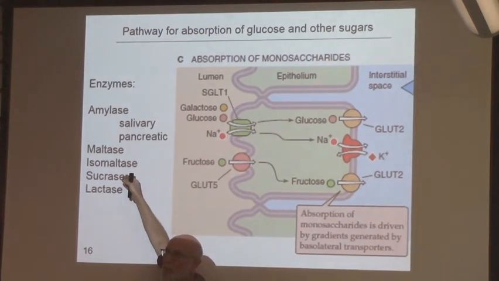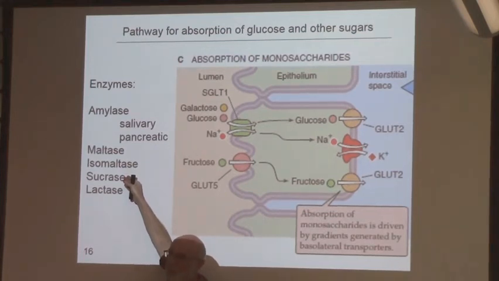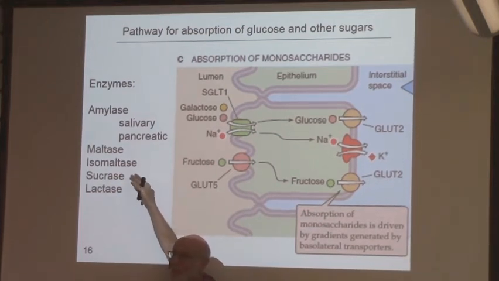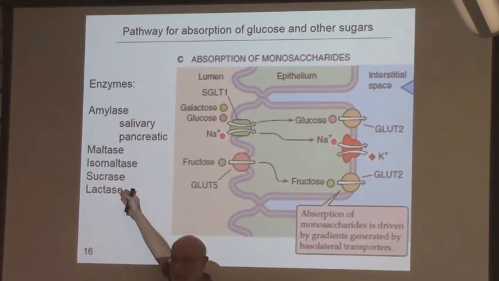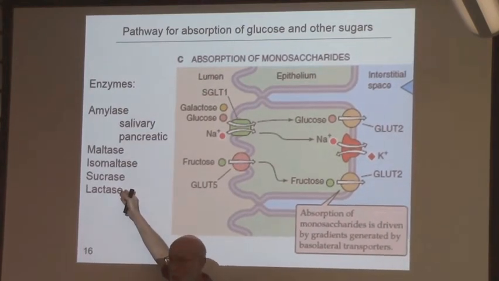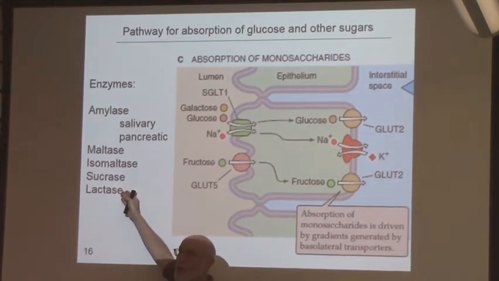Sucrase breaks sucrose, and I forget the two sugars, glucose and one other. Glucose and fructose. Lactase breaks lactose into glucose and galactose.